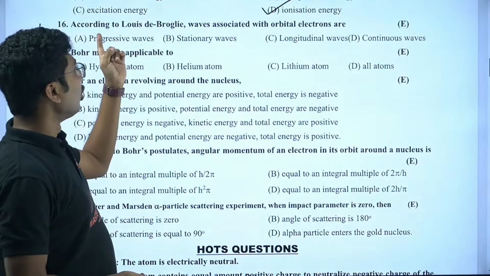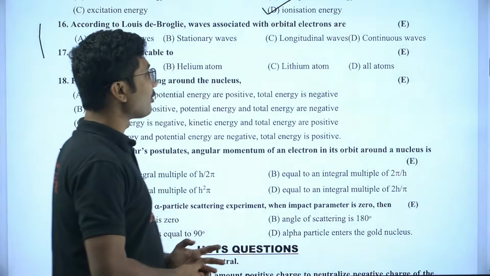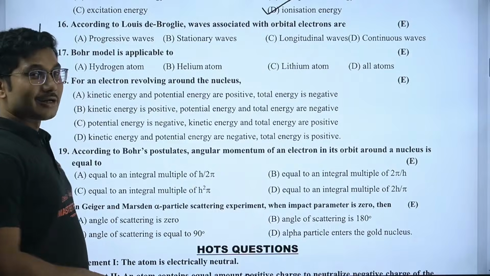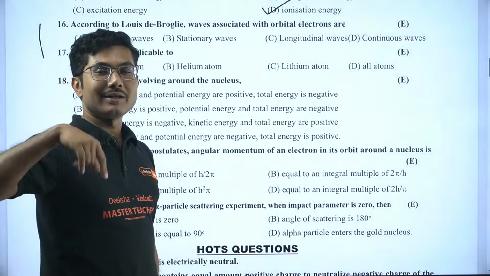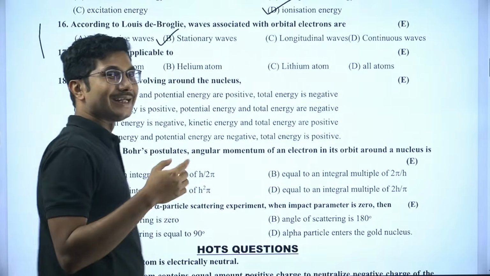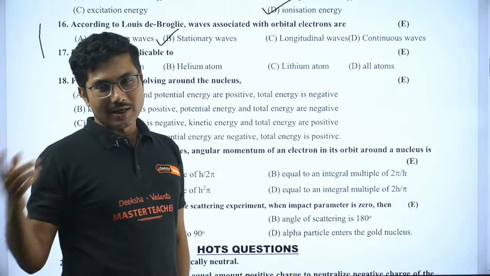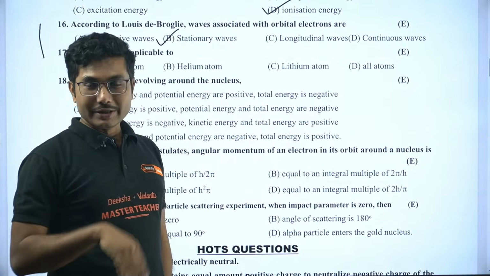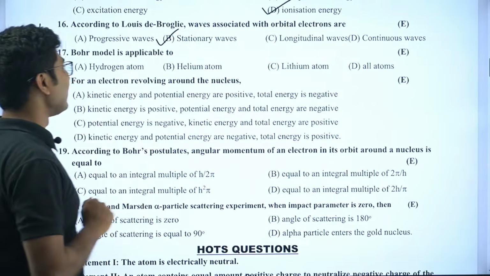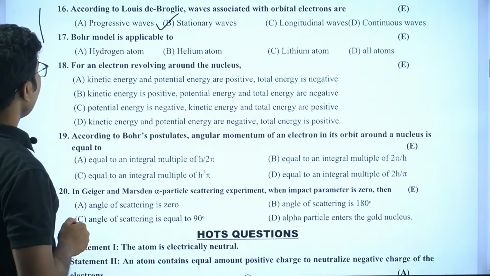Some people pronounce it differently. According to Louis de Broglie, waves associated with orbital electrons are, what is the answer? So de Broglie says that electrons are orbiting as stationary or standing waves. That's why they are not emitting any energy, and he even calculated the angular momentum using his wave-particle duality theory, and there he establishes that L comes out to be an integer multiple of nh by 2π.